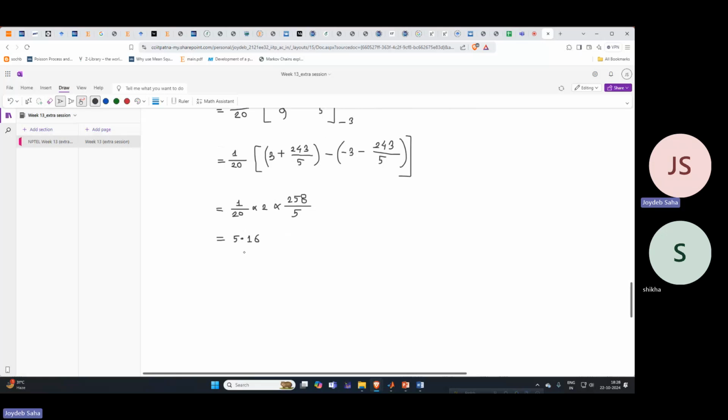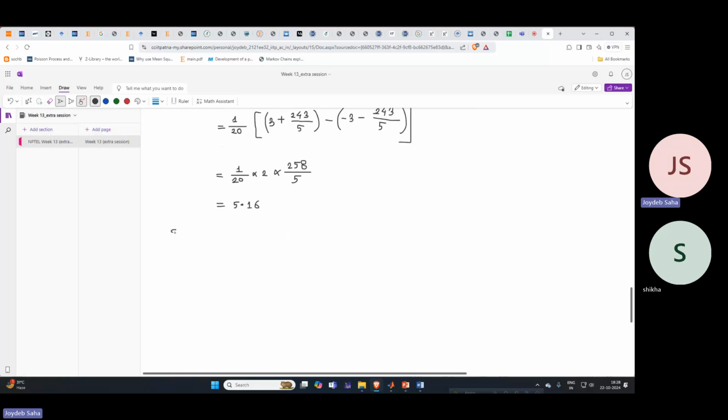So our question was calculate the variance. So variance we define sigma x square, right?